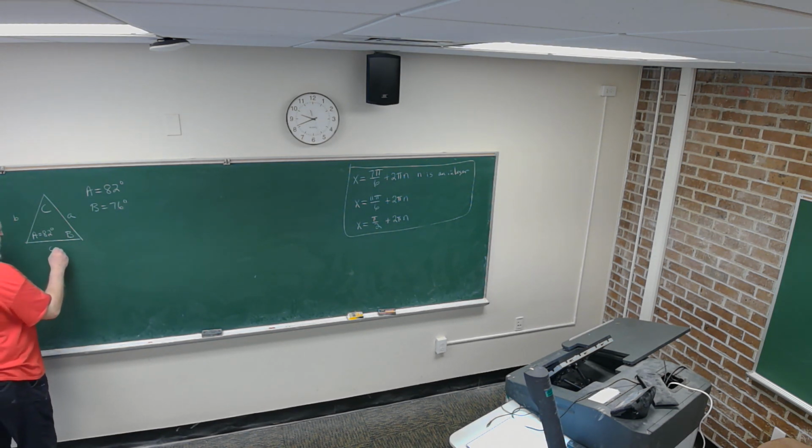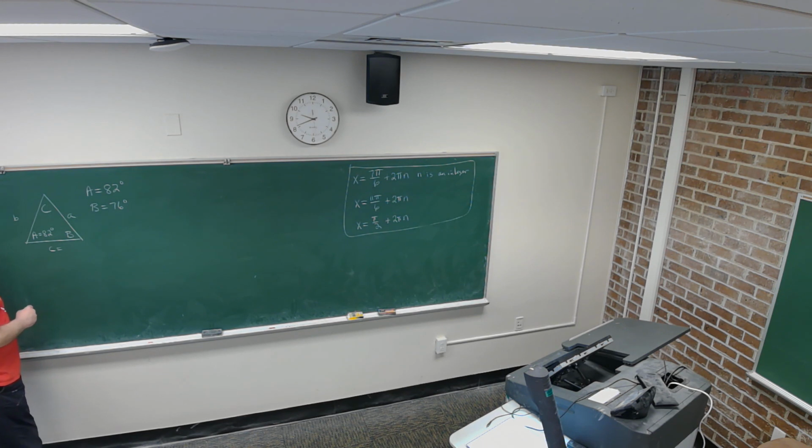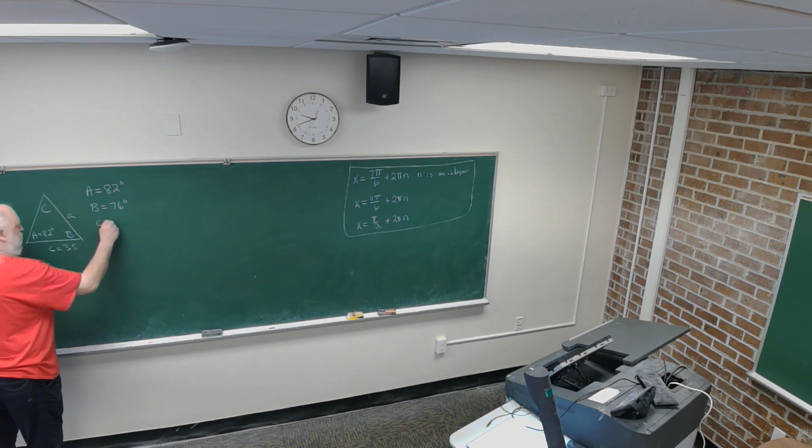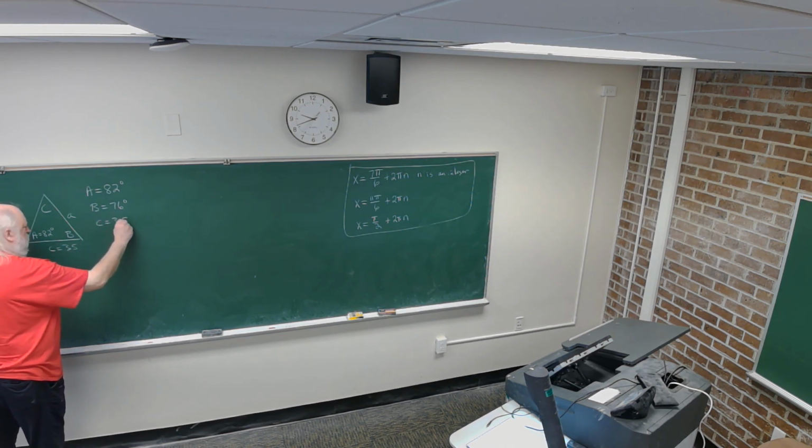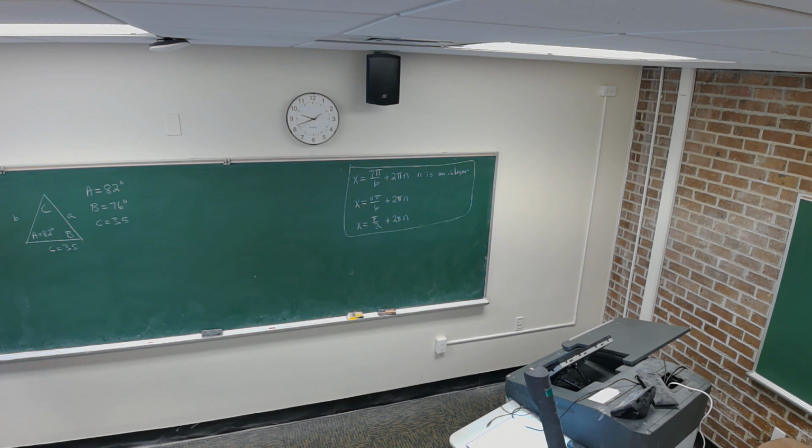And the length of side C is 3.5 meters. With this information, we can calculate the length of side B.